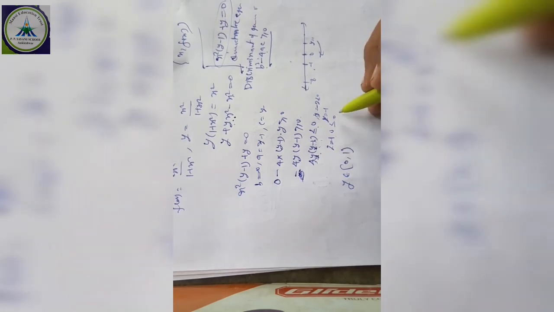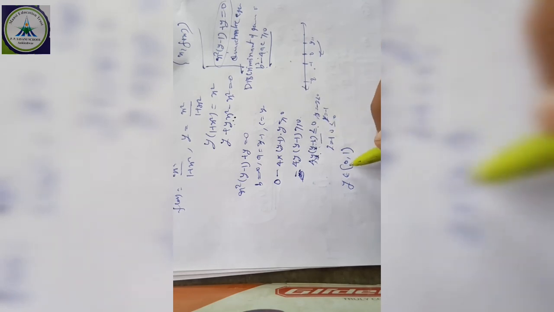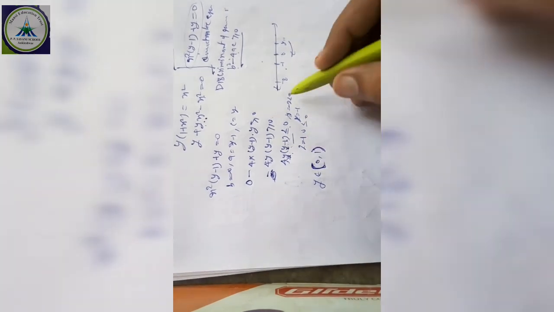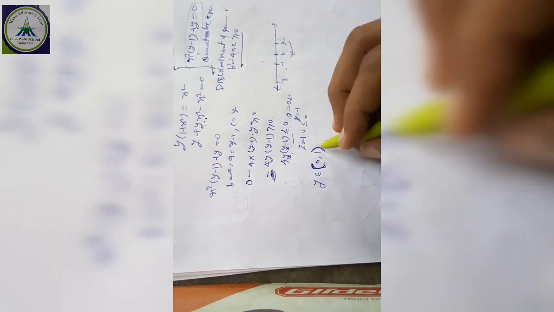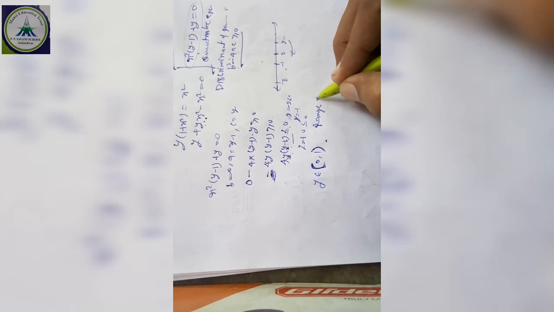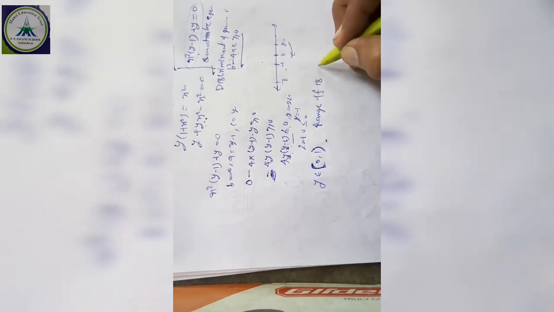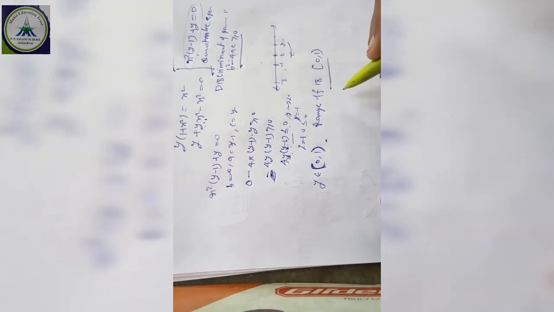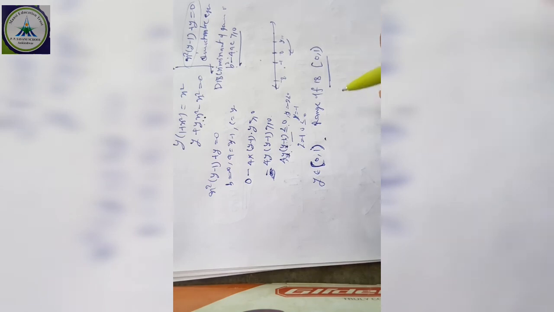Less than 1, not equal to 1, since y = 1 is not attained. So the range of f is [0, 1), with a square bracket at 0 and a round bracket at 1. This is the range. Clear?